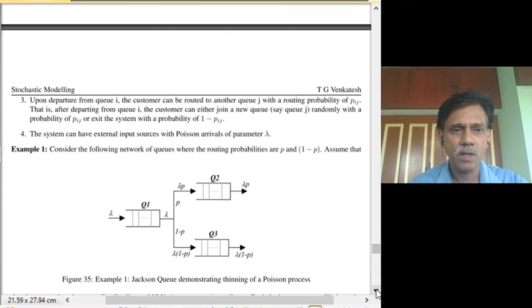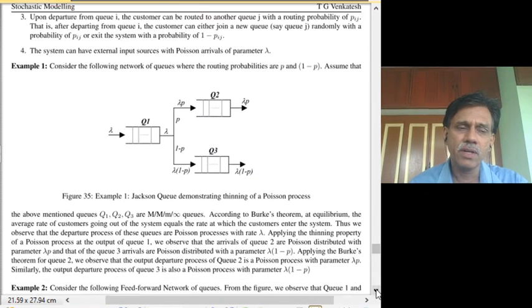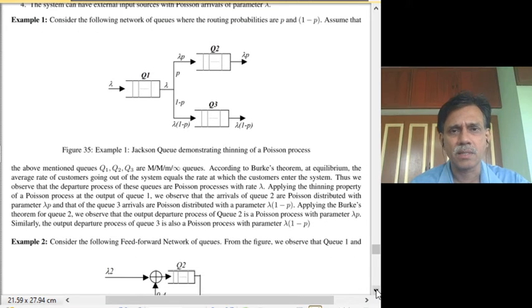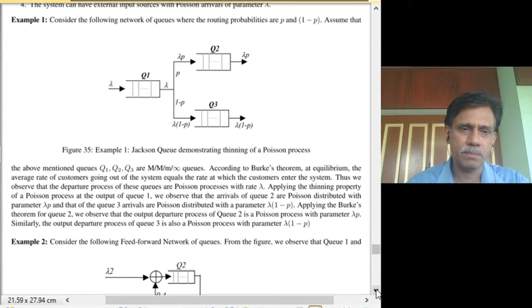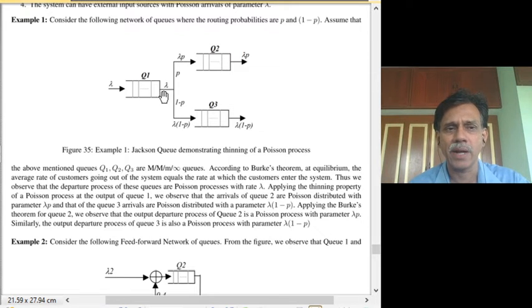We will consider this kind of queuing system. To start off, we will look at a very simple system and then see how Burke's theorem and the Poisson thinning process make the analysis simple. You have three queues, Q1, Q2, Q3. Lambda is the external arrival rate to Q1, and you would see that by Burke's theorem, the departure process from Q1 is also a Poisson process with the same rate lambda.